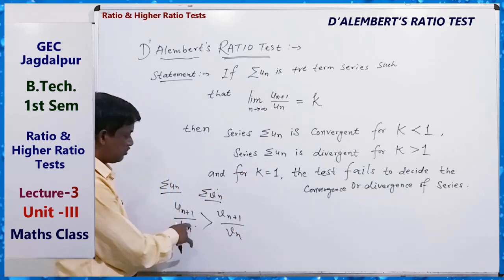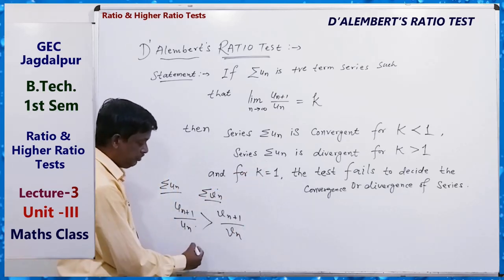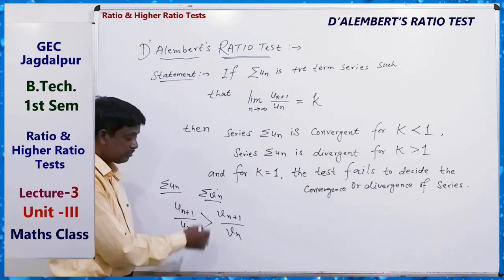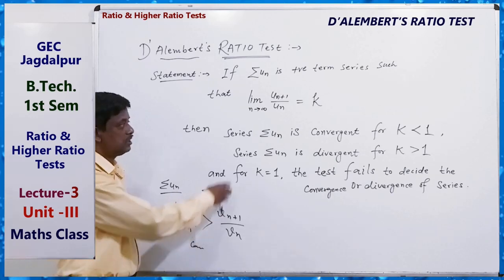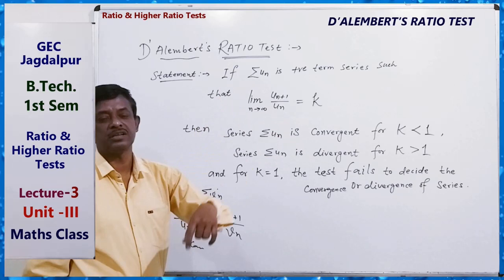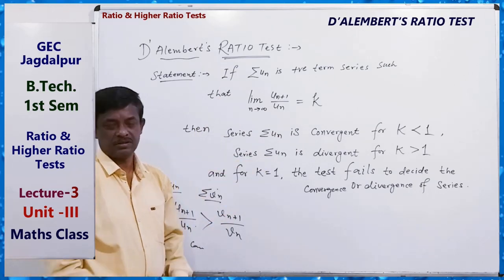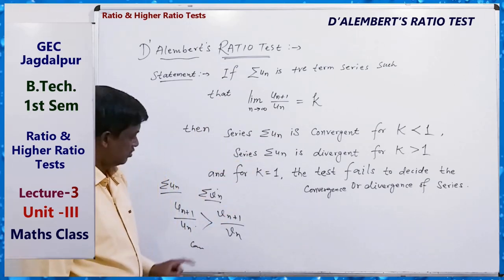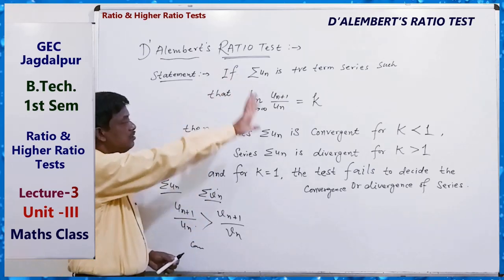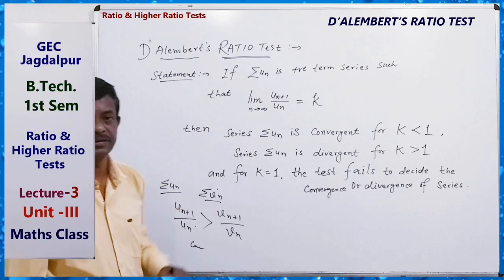So this comparison of ratio is also important to know, because by using this comparison of ratio, we are proving the ratio test; the reverse test and logarithmic test can be proved. Okay. So here the main statement of ratio test is this.